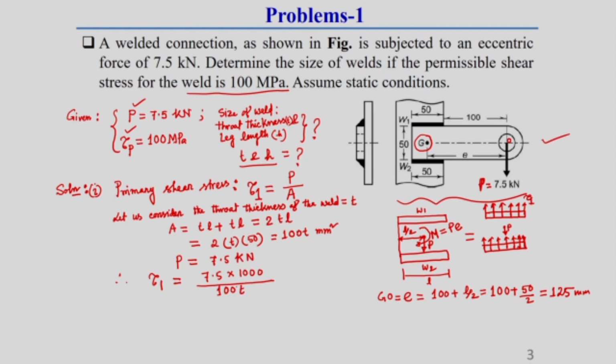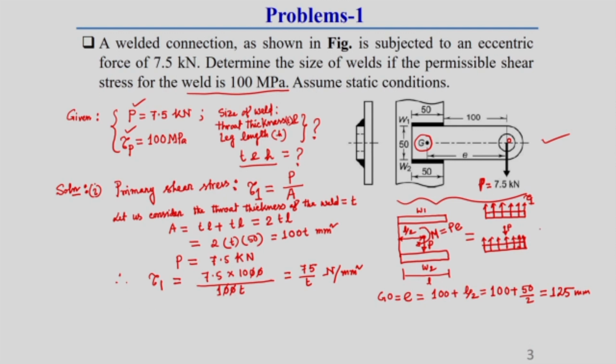This will be equal to 75 divided by t Newton per millimeter square, because this is a stress. Stress means load per unit cross sectional area, that is why Newton per millimeter square is its unit. So, in the first step we have already found tau 1.